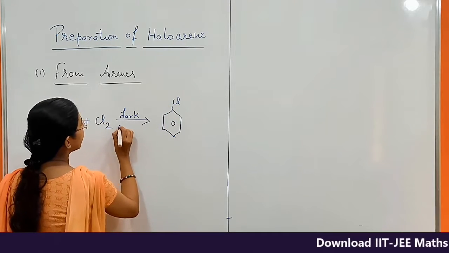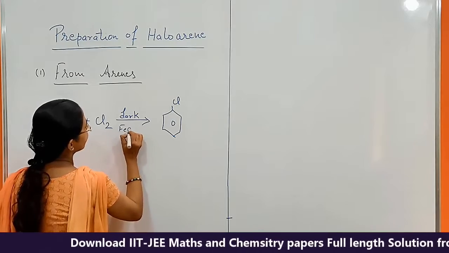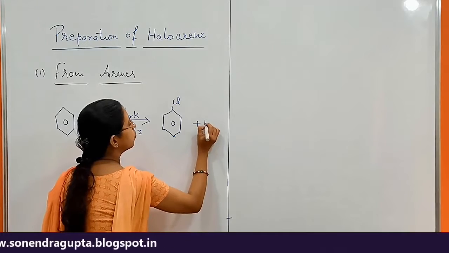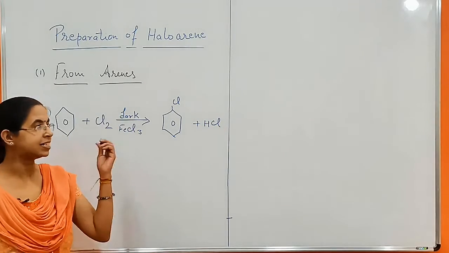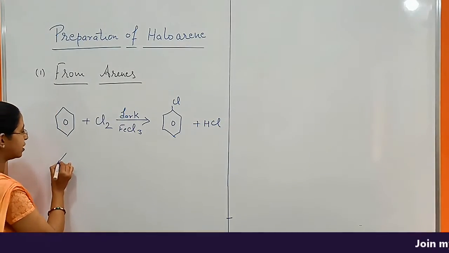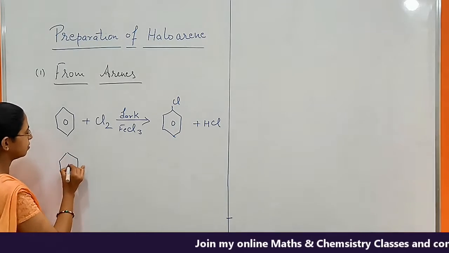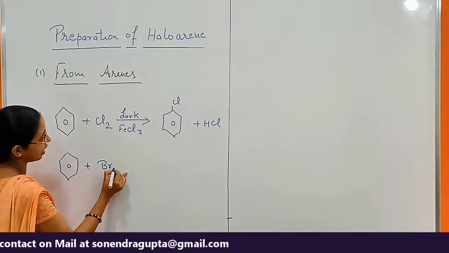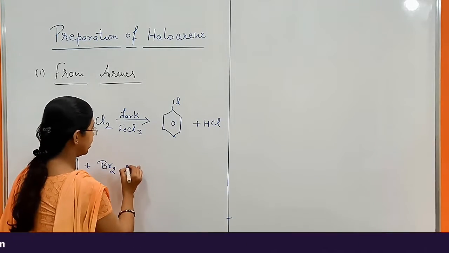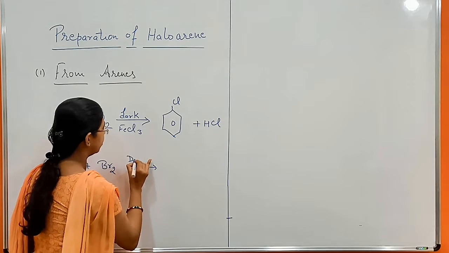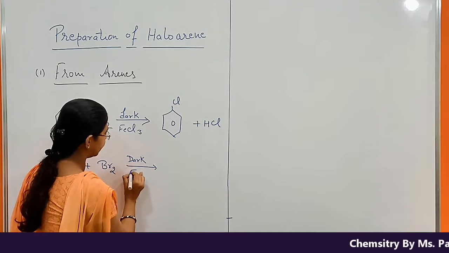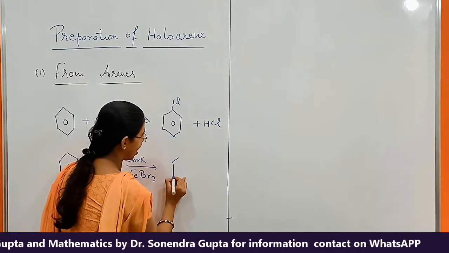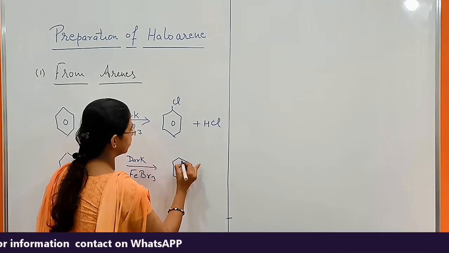Now here any initiating reagent like FeCl3 is necessary. Now by this reaction we can also form another compound, that is bromobenzene. So for this you have to take bromine as a reagent. Again the condition is dark and the reagent is FeBr3 and you are going to have bromobenzene.